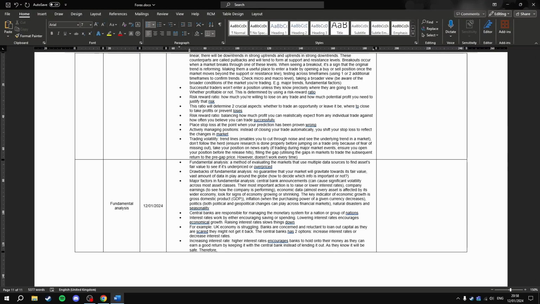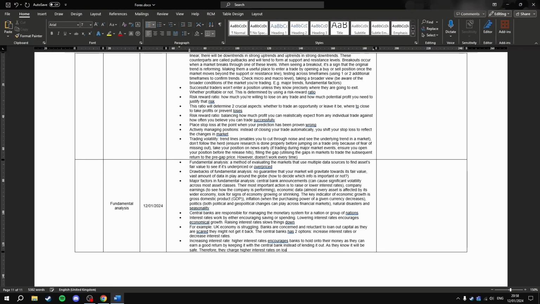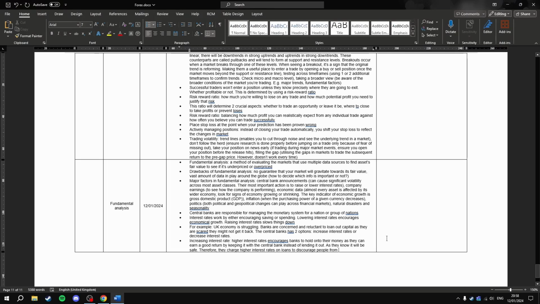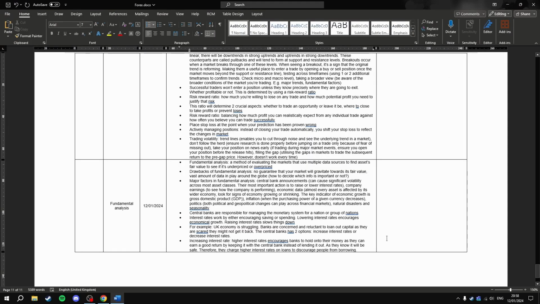Therefore, they charge higher interest rates on loans to discourage people from borrowing. This makes it more difficult and expensive to borrow money.